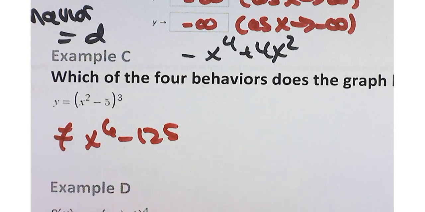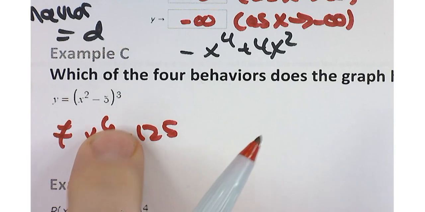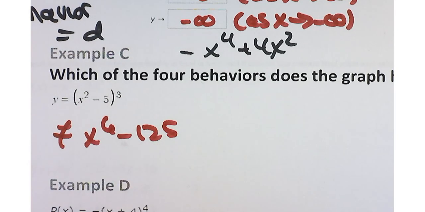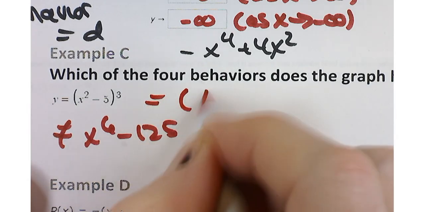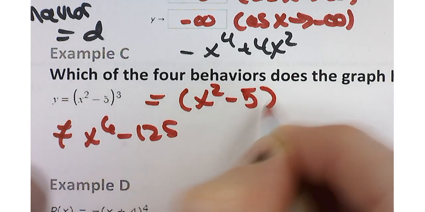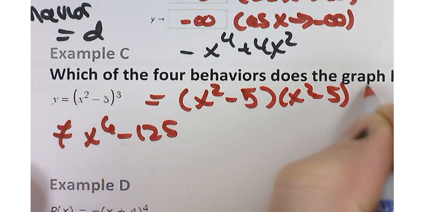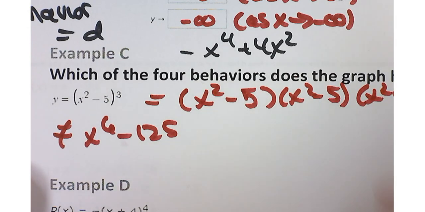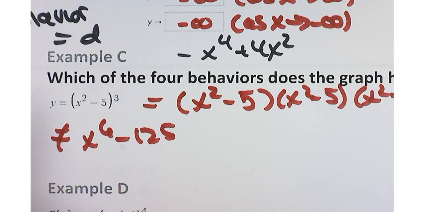That's not true. Like I said, the way you have to do that is a trick that we're going to learn at the end of the course. For now, just think of it as x squared minus 5 times x squared minus 5 times x squared minus 5.